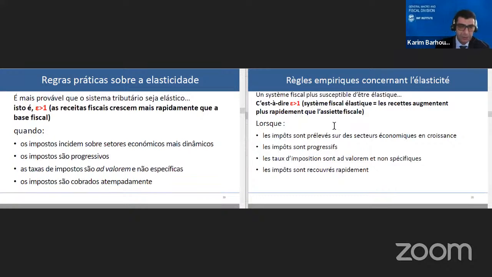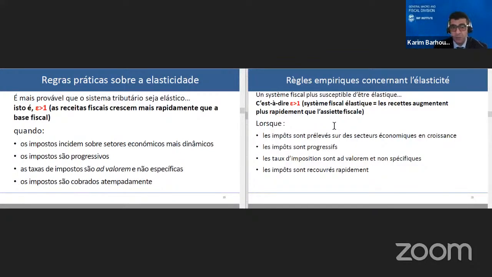Just, when we have a tax system which is more likely to be elastic, it's the case that your elasticity is higher than 1, meaning that your revenue is growing faster than your tax base.